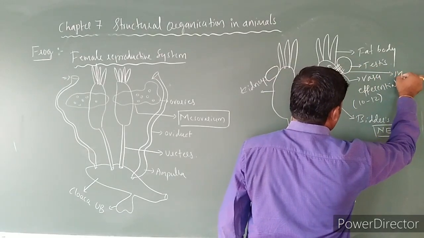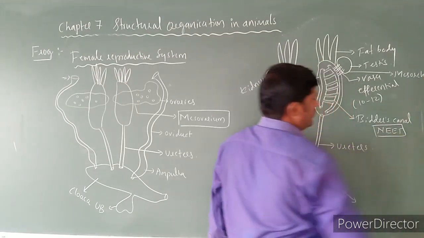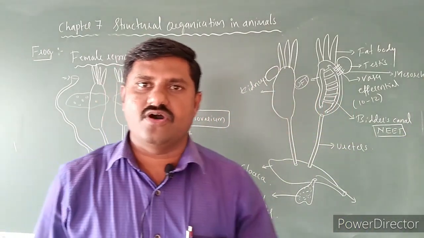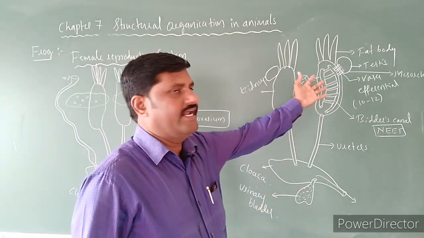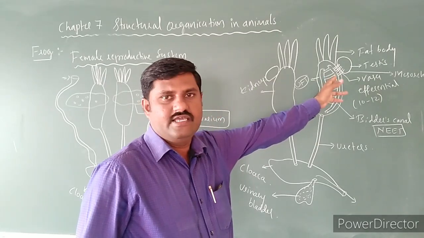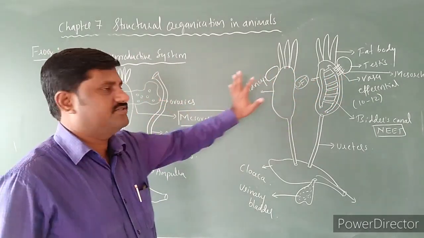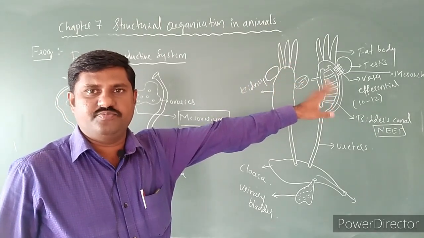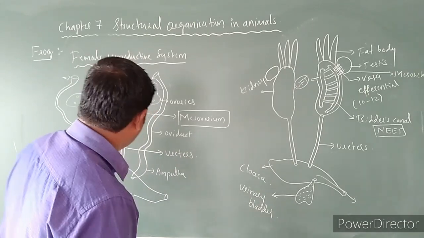Mesorchium. Mesovarium and mesorchium are the two words that you come across, a double folded membrane that attaches the testes to the kidney. Here also same. So this is called mesovarium, and that is called mesorchium. These two points are very important.